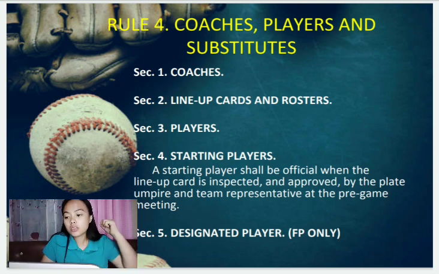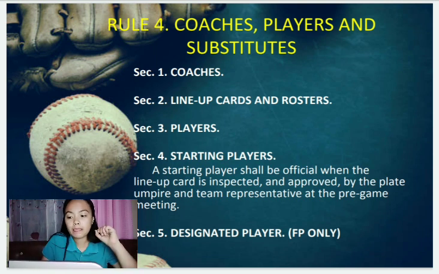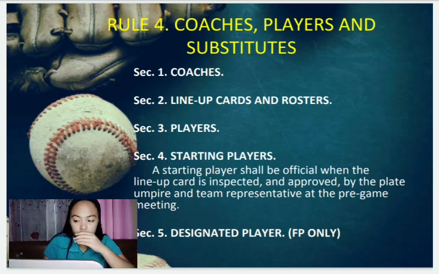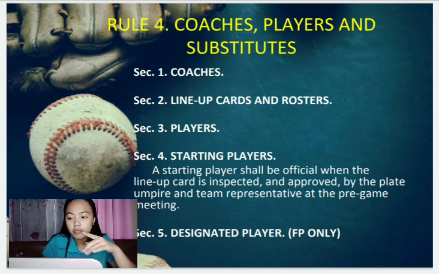So sa fast pitch, merong 9 players, which is a pitcher, catcher, first baseman, second baseman, third baseman, shortstop, left fielder, center fielder, and the right fielder. So 9. Next is the fast pitch with a designated player. So meron siyang 10 players, same as the fast pitch plus a DP.